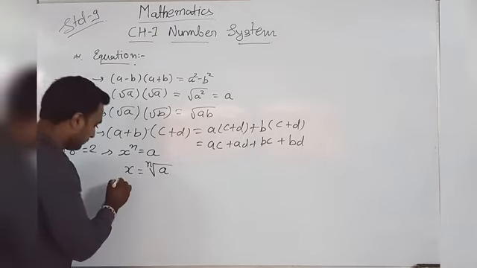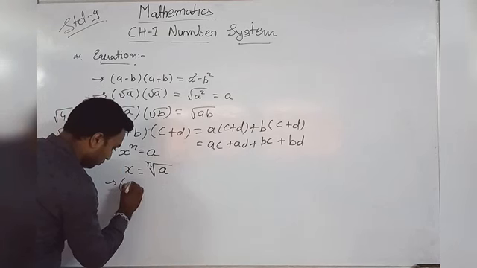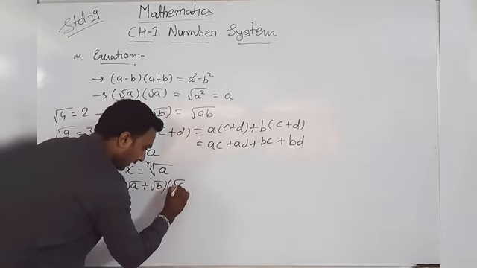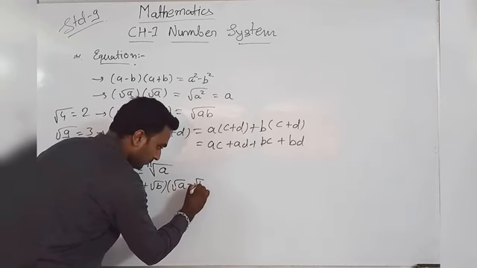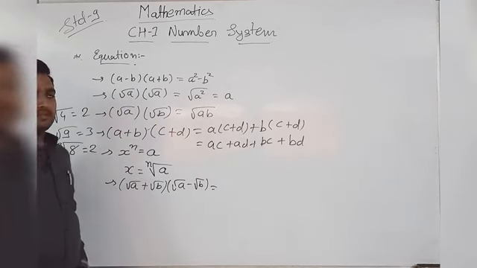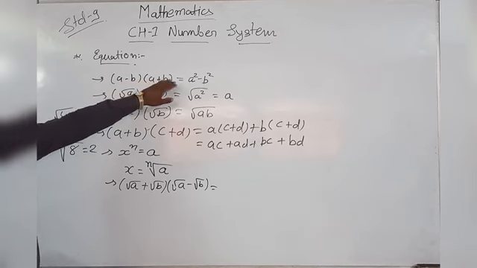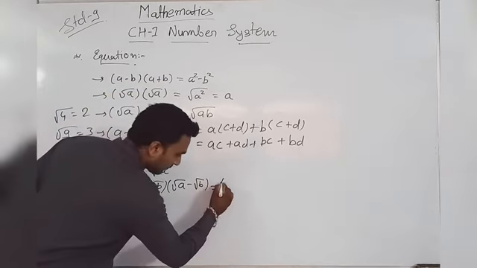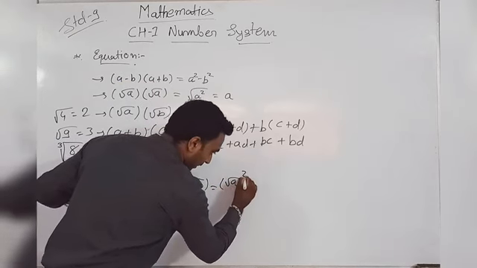Suppose you have (root a plus root b)(root a minus root b). Then what is your answer? We know that (a minus b)(a plus b) is equal to a square minus b square. Same as here, root a square minus root b square.